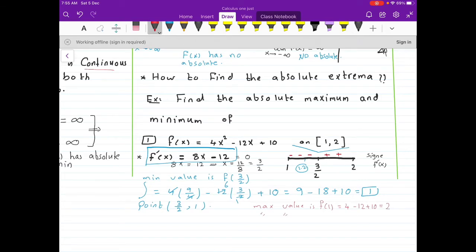And f of 2: we substitute 2 in the function, 4 times 4 minus 12 times 2 plus 10. Sorry, instead of 4 here, 2.